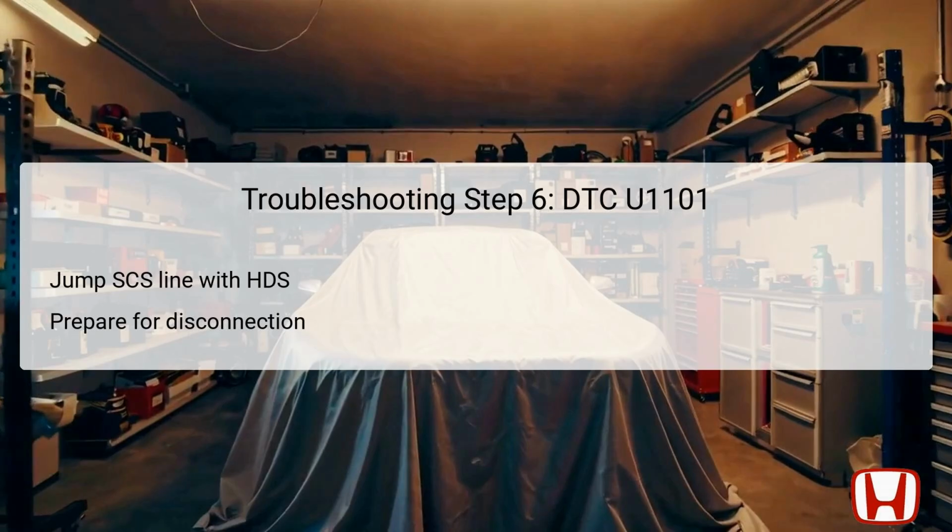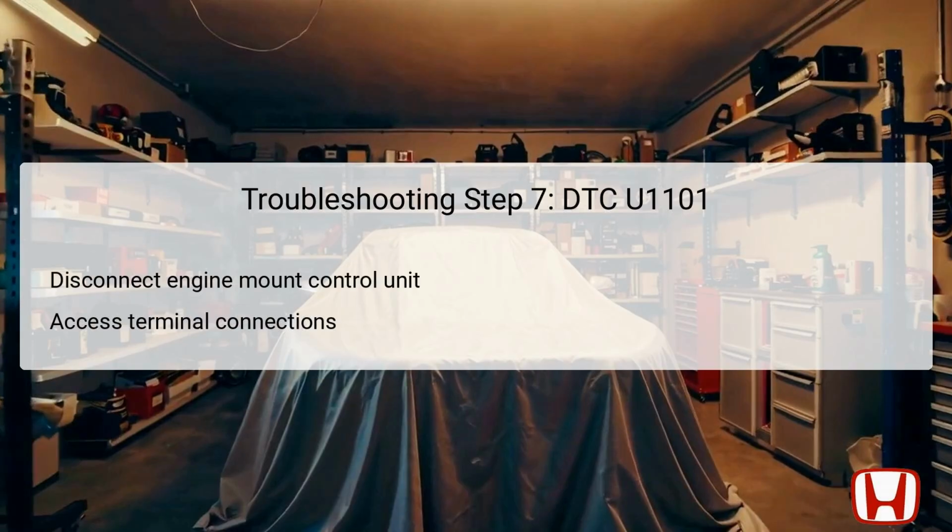This action prepares the system for checking connections and facilitates a straightforward process for disconnecting the engine mount control unit. The technician must be vigilant while executing this step, ensuring that the HDS properly interfaces with the vehicle's systems without causing any additional faults. Successfully completing this step enables further necessary testing of the affected control units.